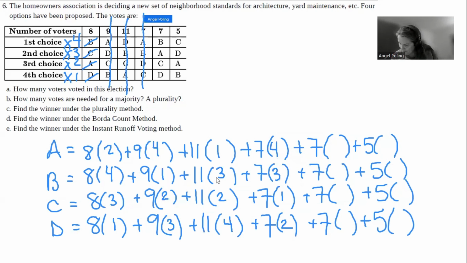Our next column of 7, we have a 1 for D, a 2 for C, a 3 for A, and a 4 for B.